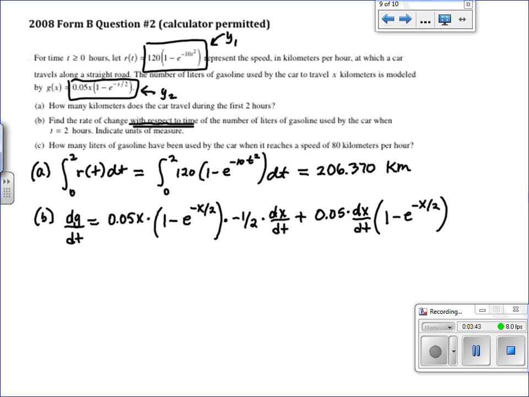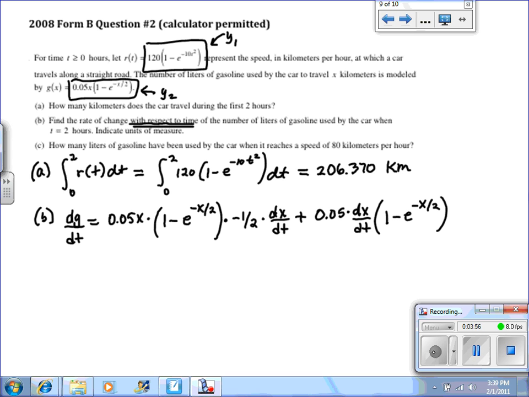Okay, x is in kilometers. So that was actually our answer from number 1. We just found how many kilometers it travels during the first 2 hours, so that answer is still in my calculator.